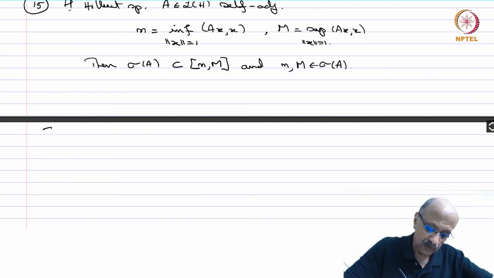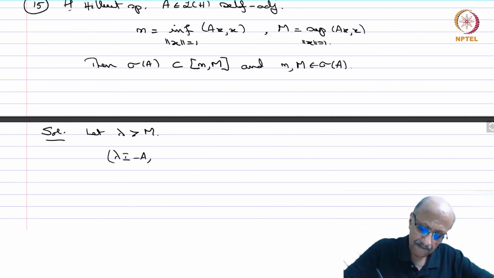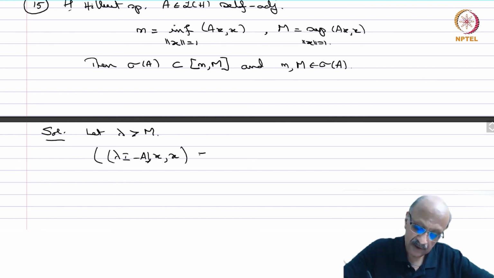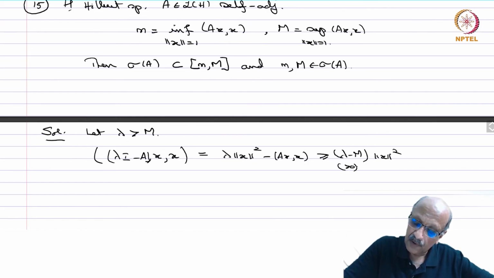So, the proof. Let lambda be strictly bigger than capital M. Then consider (lambda I minus A)x, x, which is equal to lambda times norm x squared minus (Ax, x). Now (Ax, x) is less than or equal to M times norm x squared, so this is bigger than or equal to (lambda minus M) norm x squared, and this is a strictly positive number.